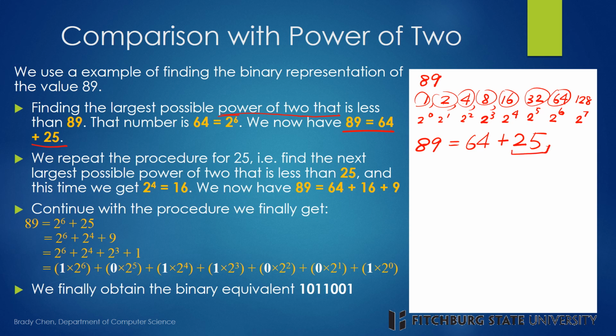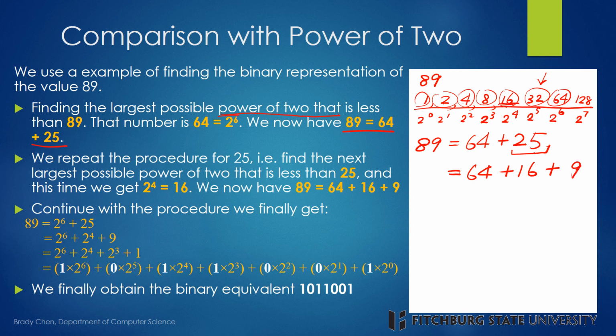So we're going to find the largest possible power of 2 that is less than 25. Okay, so what is this number? Just look at this top one. We find out, okay, 32 is bigger than 25, but 16 is a power of 2, right? Which is less than 25. So then we can write 89 as 64 plus, and then we split 25 into 16 plus, what is the next number? 9, right?